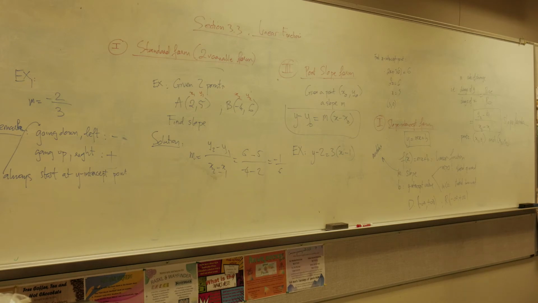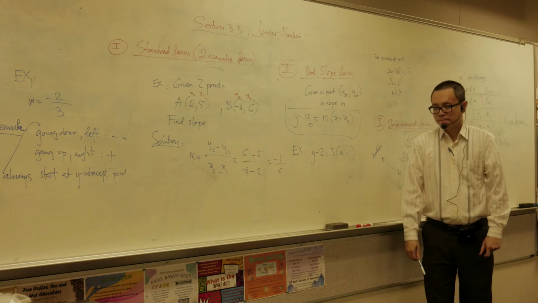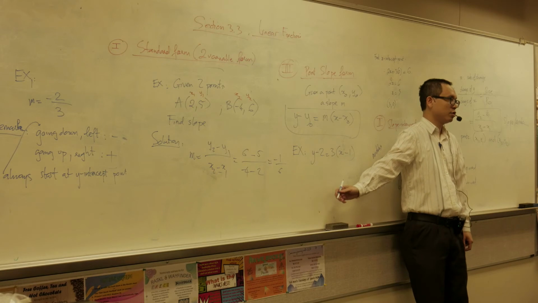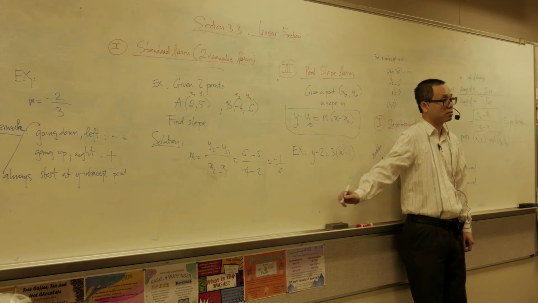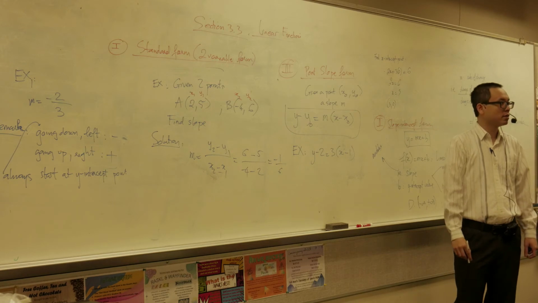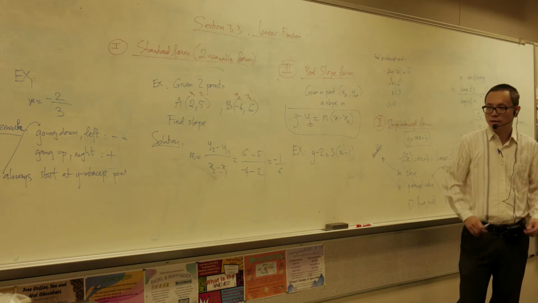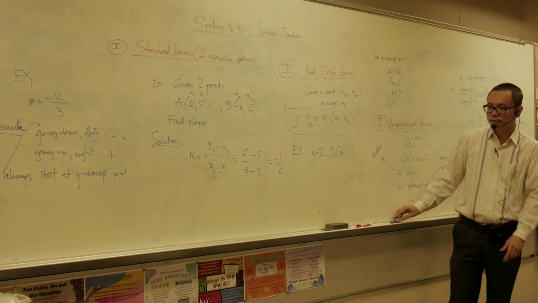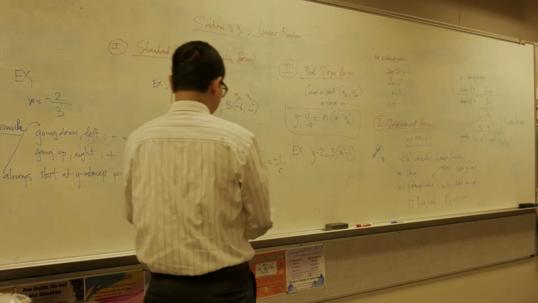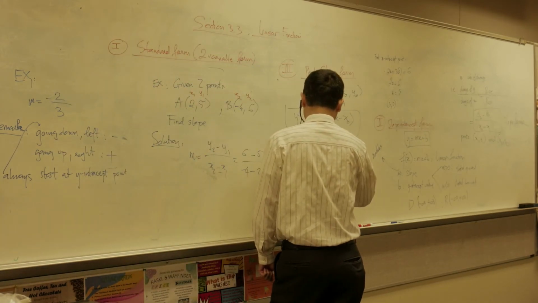How? So I have a point slope form right here. Let's see if we can convert this to standard form. What is standard form again? Ax plus by equals c. Alright. Let's see how we're gonna do this, okay? Let's work on this together. So I'm going to convert this to standard.